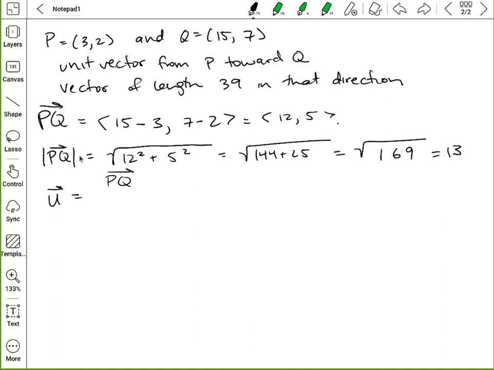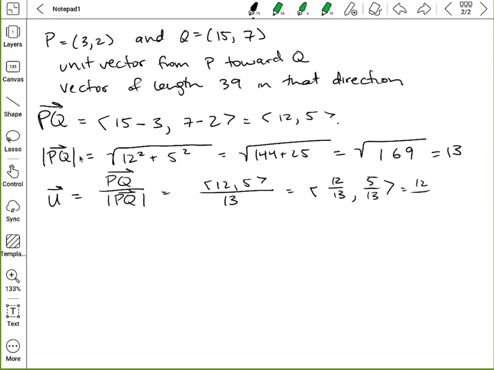And if I start with PQ and I divide by the length of PQ, then I should have a unit vector. So PQ was 12, 5. The magnitude I found right here was 13. So my answer should be 12 over 13, 5 over 13.